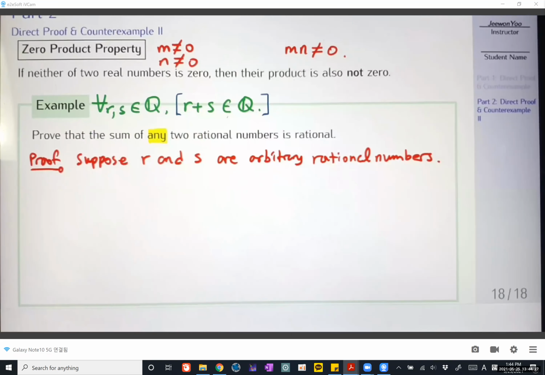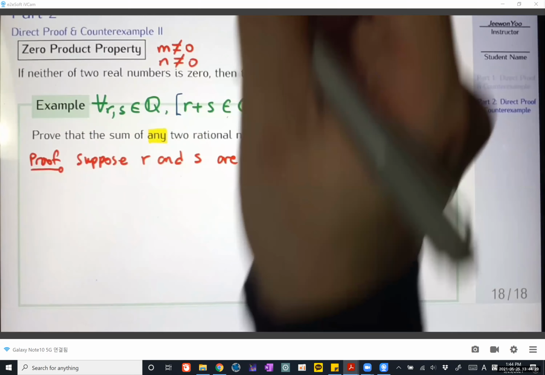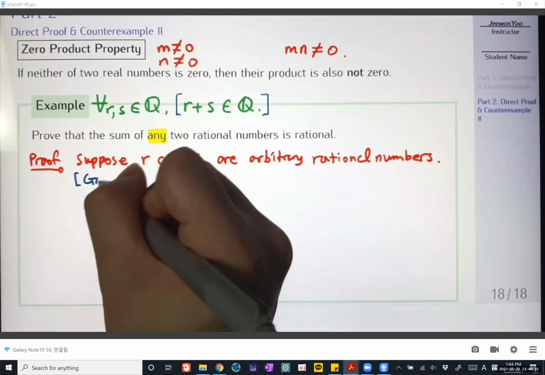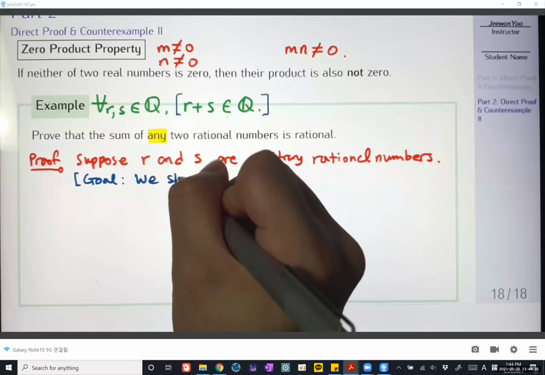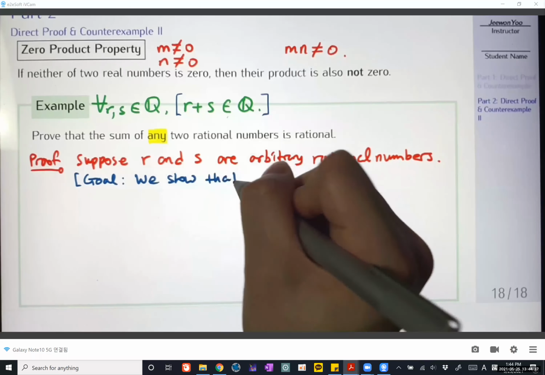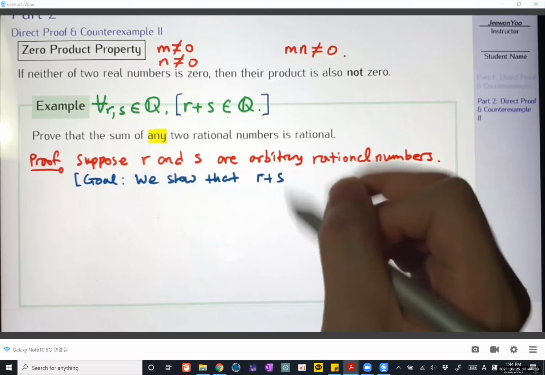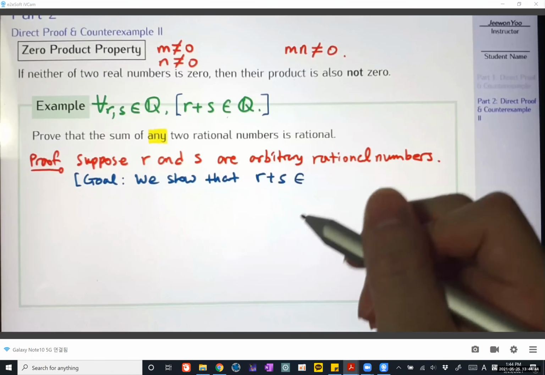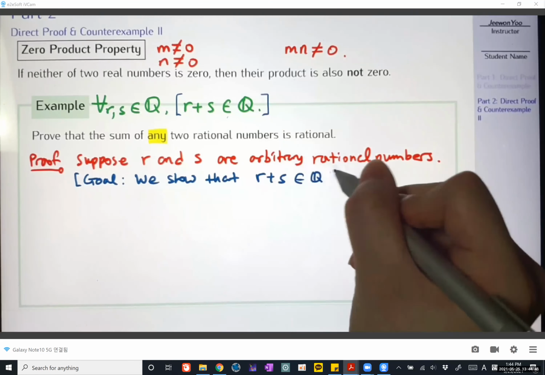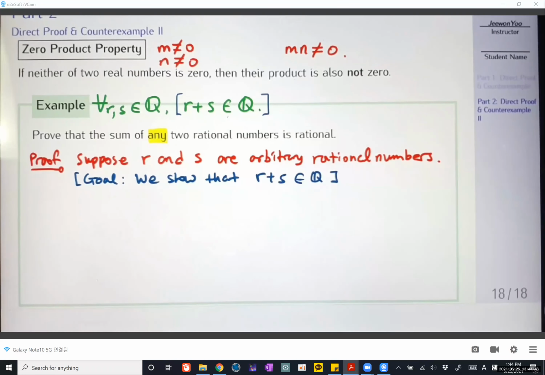And what is our goal, everyone? My goal here is to show that R plus S also belongs to Q. Like this. That's our goal.